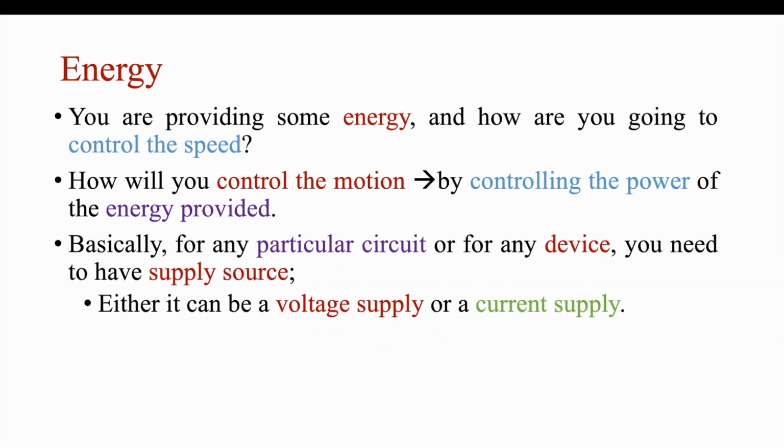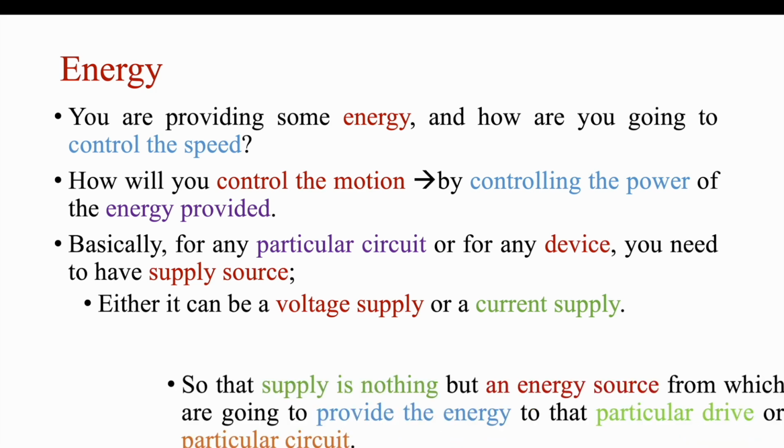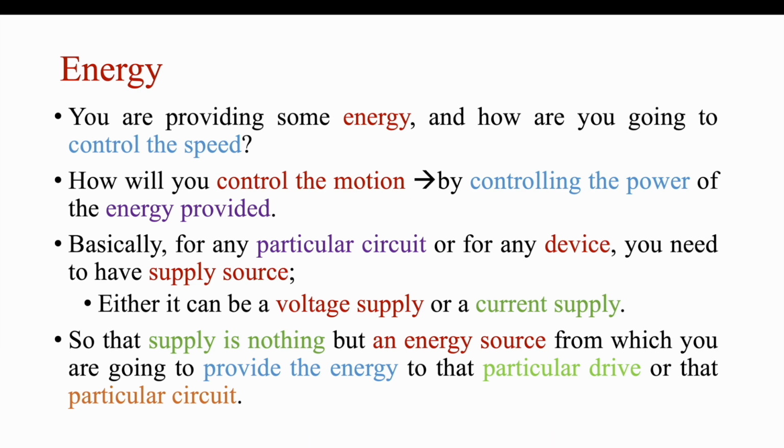Basically for any particular circuit or for any device, you need to have a supply source, either the supply voltage or the supply current. So it means that you need to control the energy source. So that supply is nothing but an energy source from which you are going to provide the energy to that particular drive or that particular circuit.